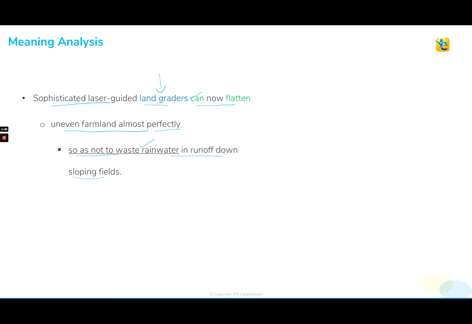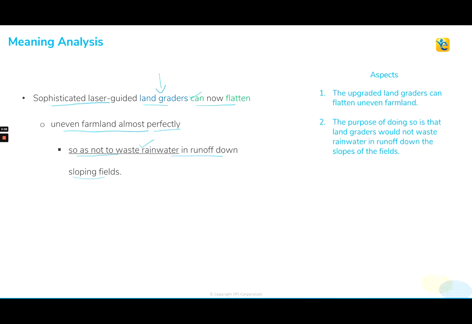Okay, so let's just put everything together. The way the sentence is written, it seems to suggest that the new version of land graders can flatten uneven farmland, and the purpose of doing so is that land graders would not waste any rainwater.